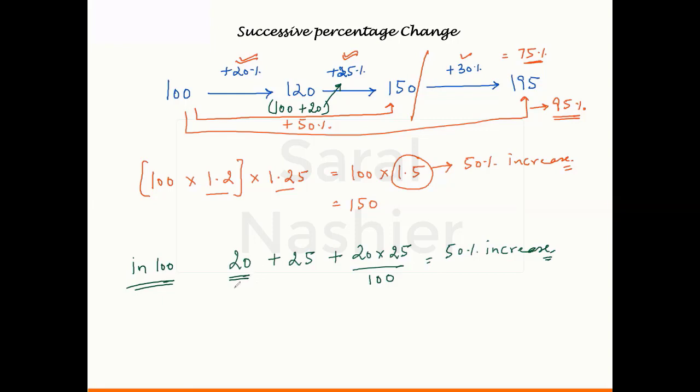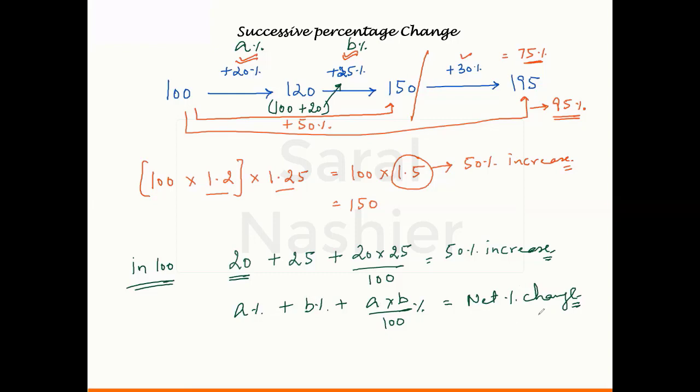In general terms, you can also write this as that if the first value increases by A%, second value increases by B%, I can say the net percentage change is given by A% plus B% plus A into B by 100%. This gives you the net percentage change in the value.